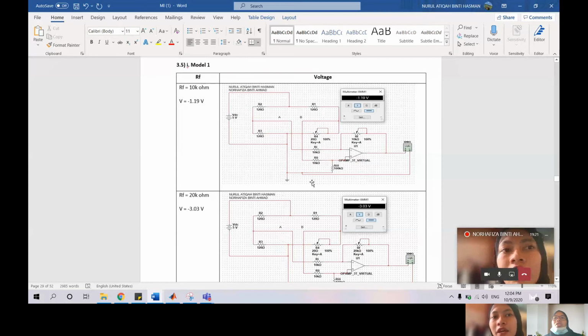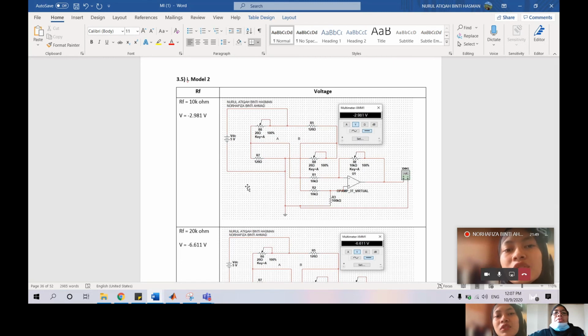Okay, for the feedback resistor, the value will be changed in 10% steps, ranging from 10 kilo ohm until 100 kilo ohm. Next, for model 2, the same technique is applied, where the RF resistor is changed from 10 kilo ohm to 200 kilo ohm.